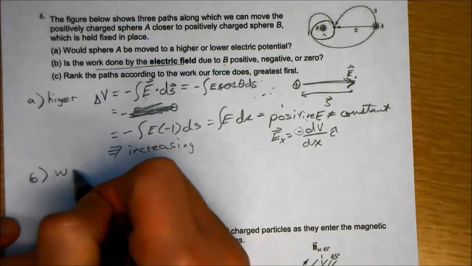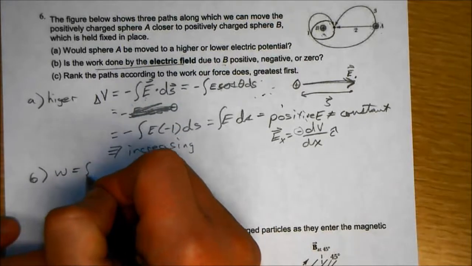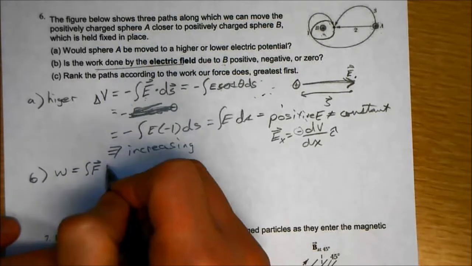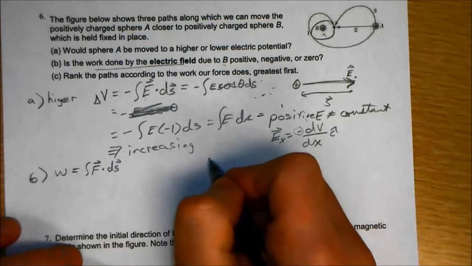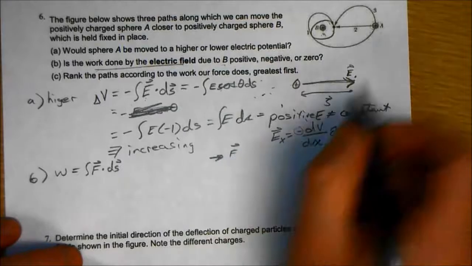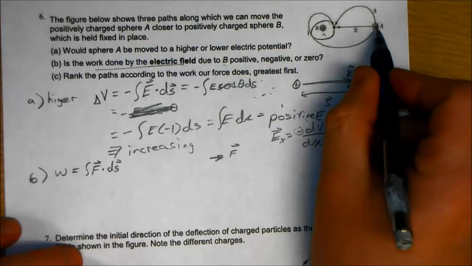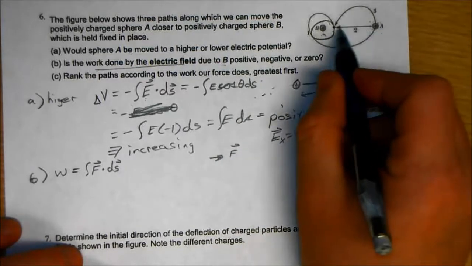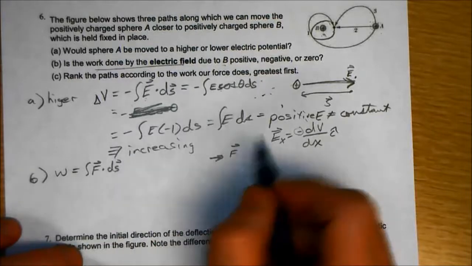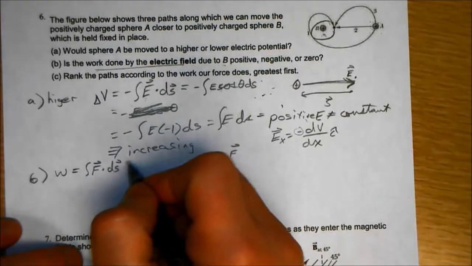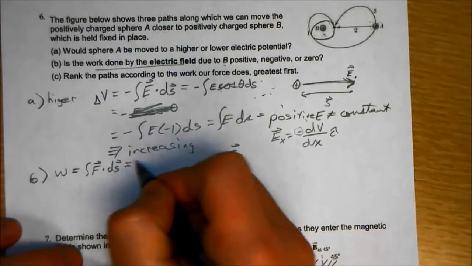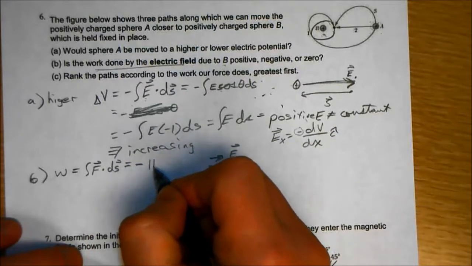Well, we define work as F dot ds. The force is in this direction because the force is acting upon this positive charge to push it away. The displacement is in this direction, so again we have this 180 degree difference, so it equals negative some number.